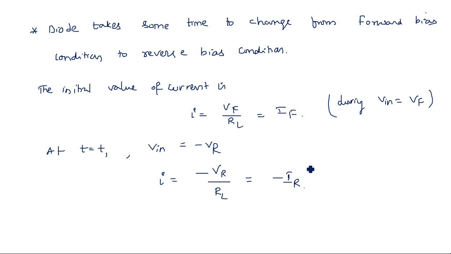So at t equal to T2, the injected minority carrier density at the junction drops to 0.